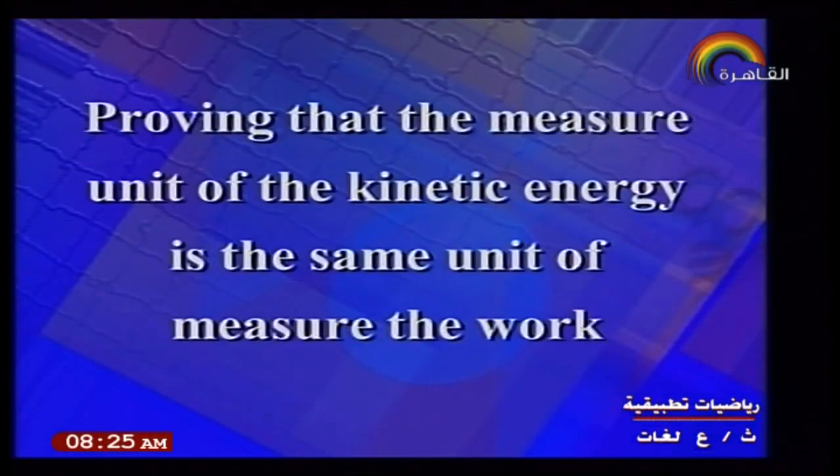Proving that the measure unit of kinetic energy is the same unit of measure of the work. Dear student, this proof is very important. How to prove the measure unit of kinetic energy is the same unit of measure of the work?